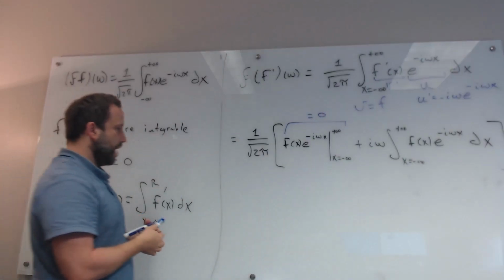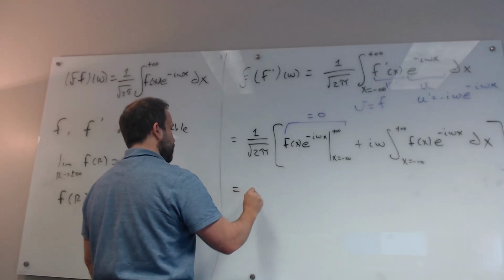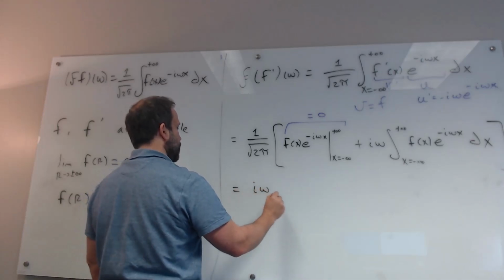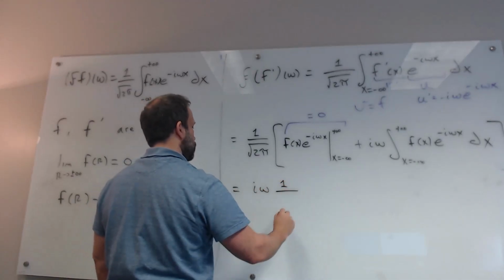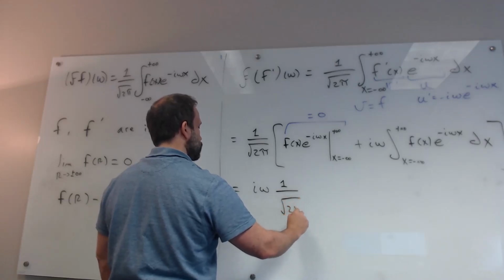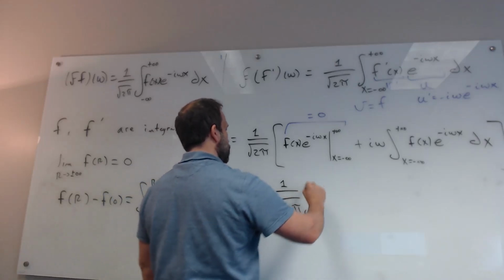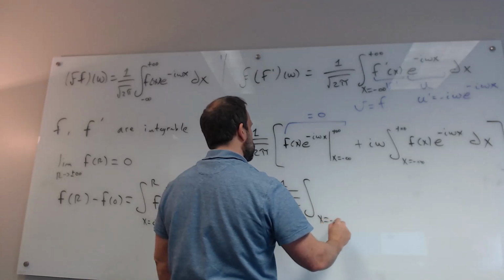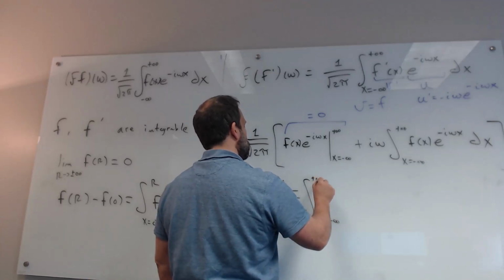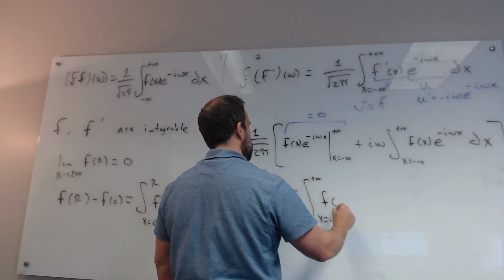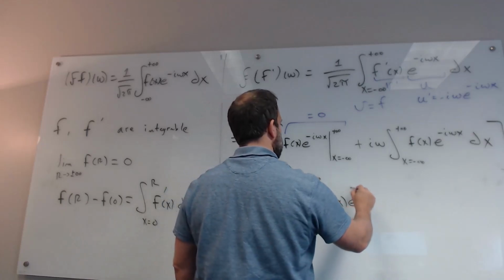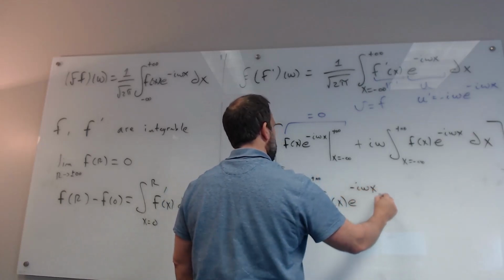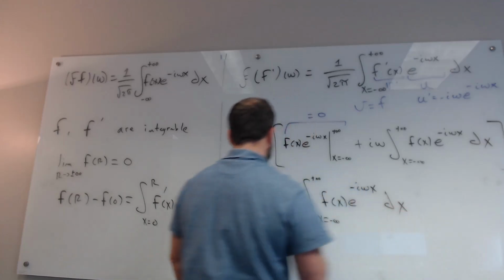And so what we're left with is i omega times 1 over the square root of 2 pi times the integral from minus infinity to positive infinity of f of x e to the minus i omega x dx.